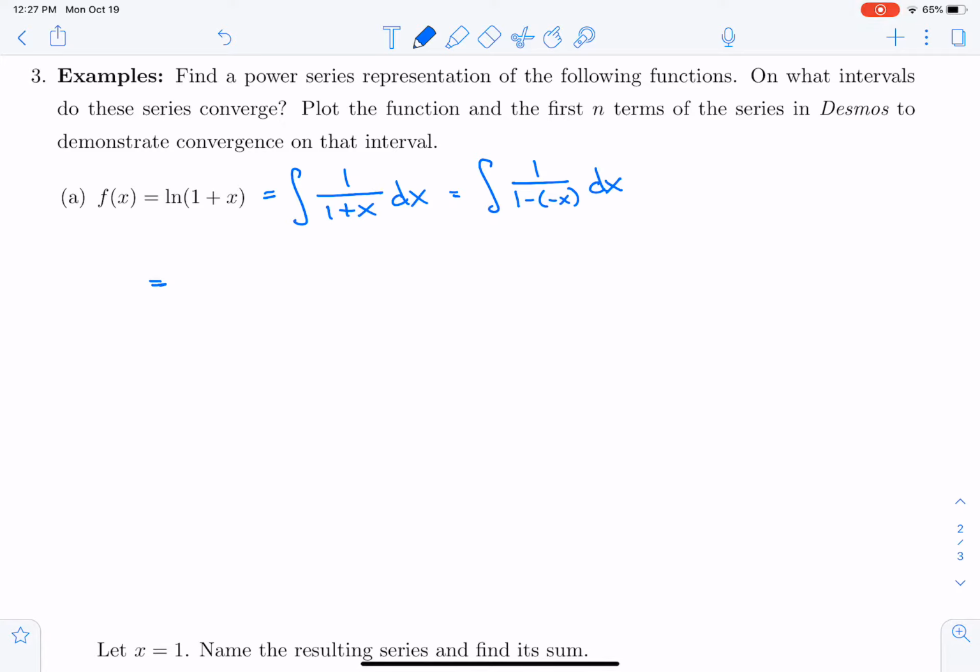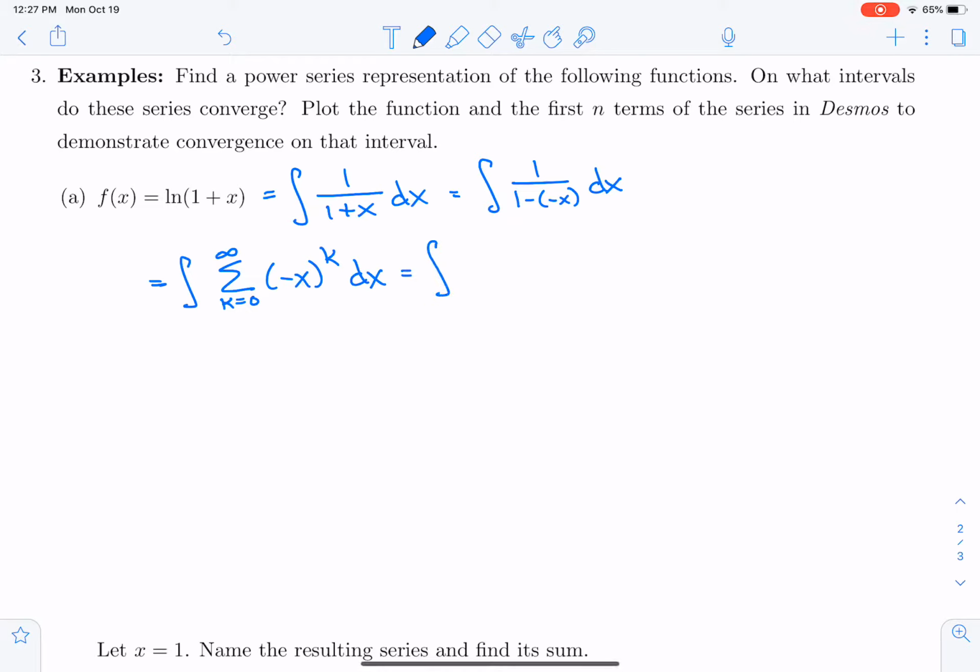So what we can do is write natural log of 1 plus x as the antiderivative of the sum from k equals 0 to infinity of negative x to the k power.